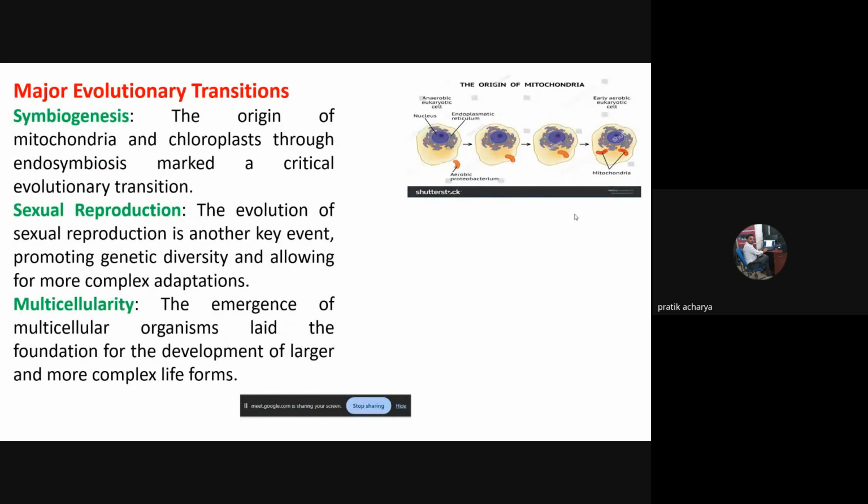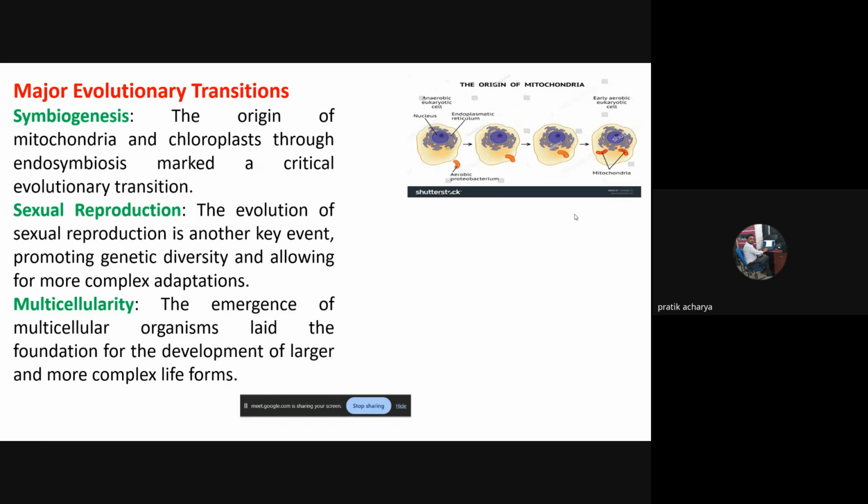Now come to major evolutionary transitions of these eukaryotes. What are the major evolutionary transitions? First is symbiogenesis, the origin of mitochondria and chloroplast.